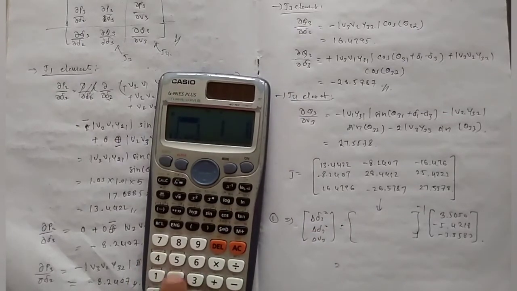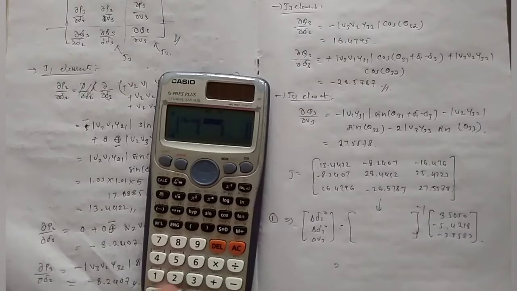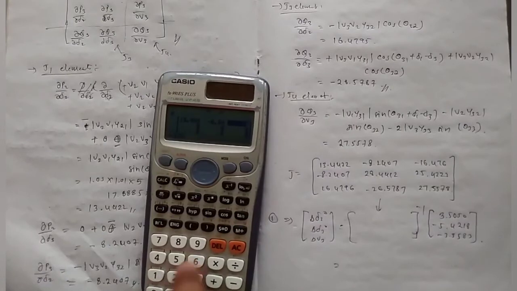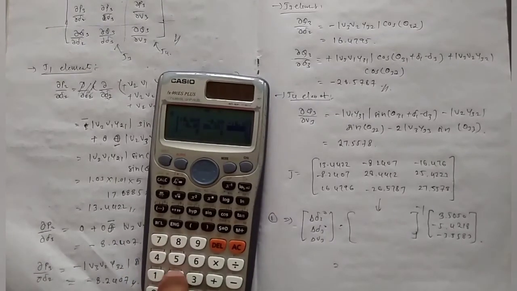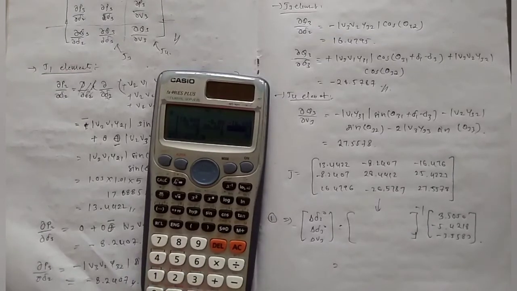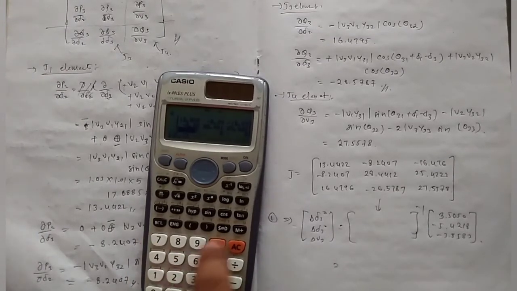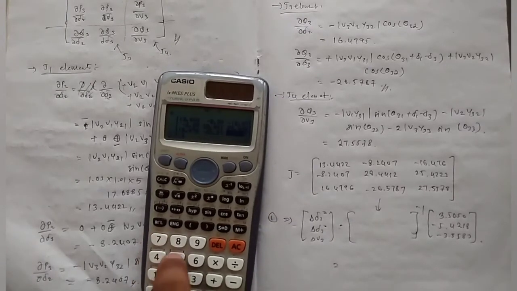Substitute all those values: minus 2.2407, minus 16.476, minus 8.2407, 28.4412, 25.422, 16.4796, minus 26.5787, 27.5578.